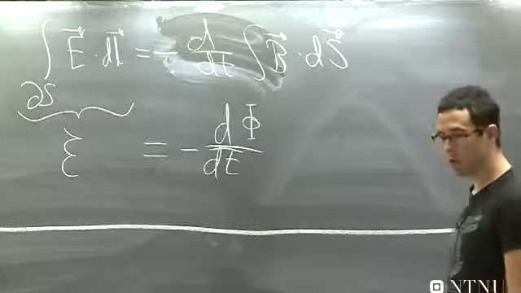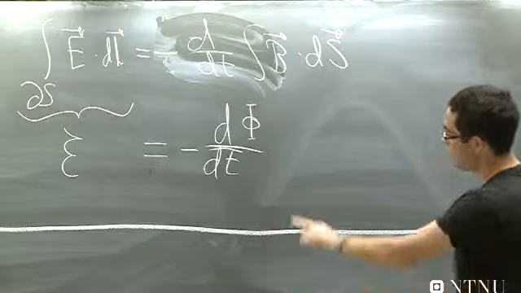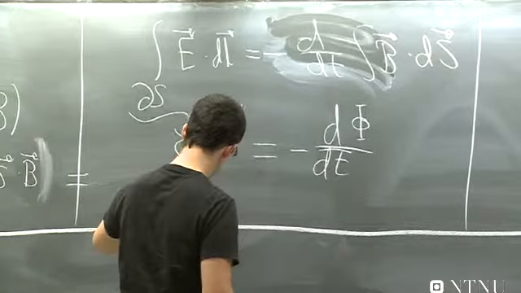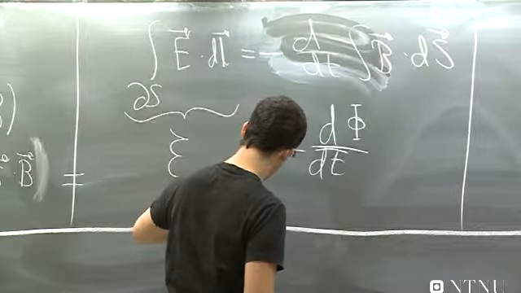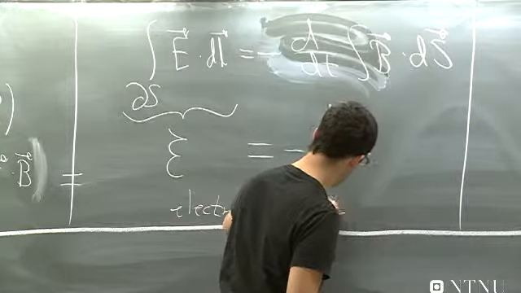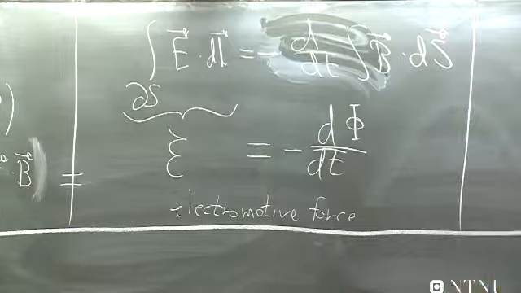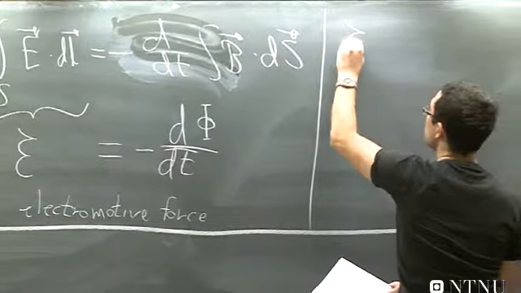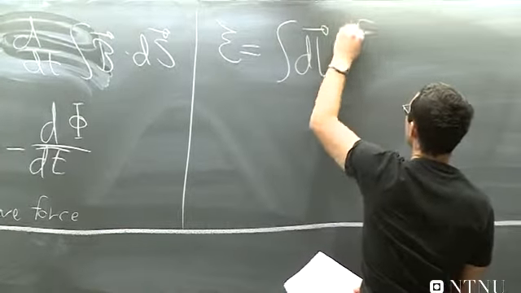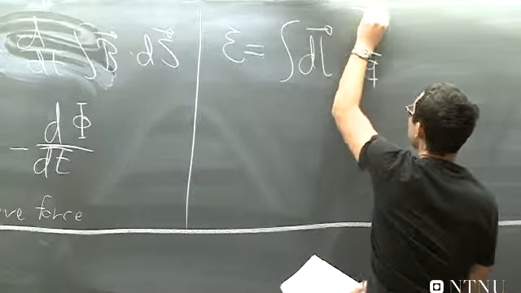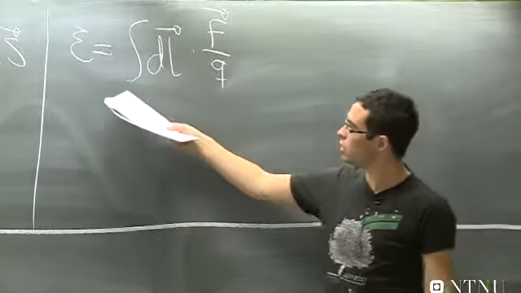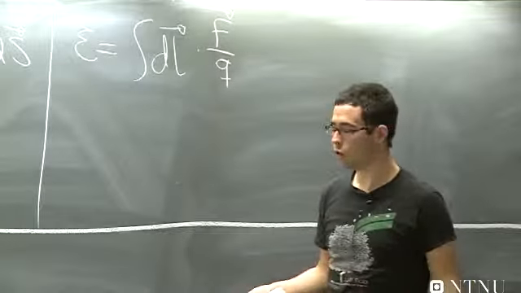Okay, in general we remember that big epsilon, the electromotive force, is in general defined like this. So on a charged particle with a charge q, I take the F divided by the charge and integrate it around some sort of loop.